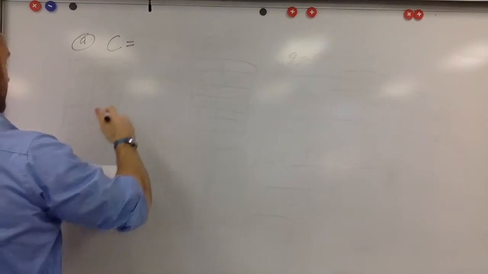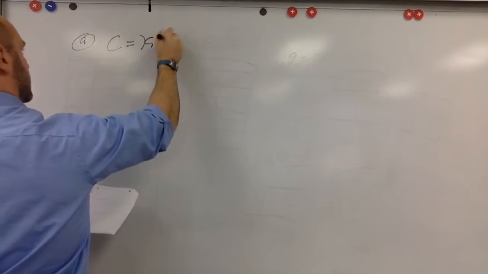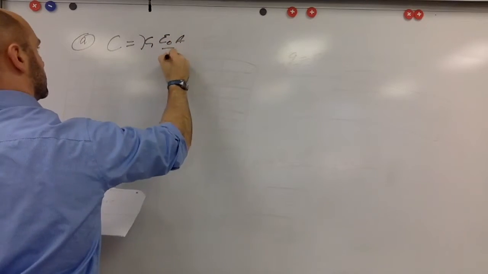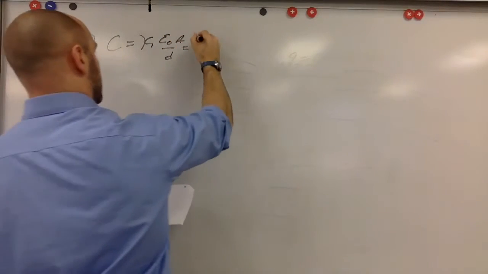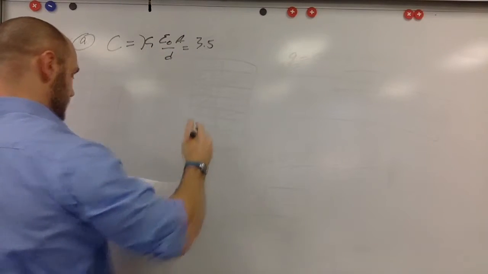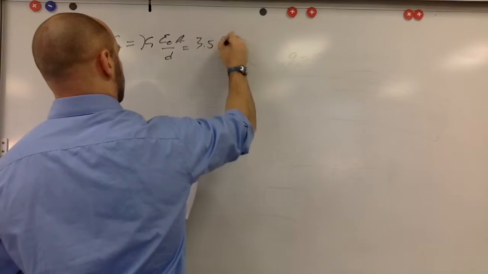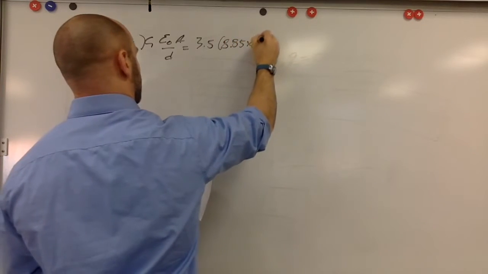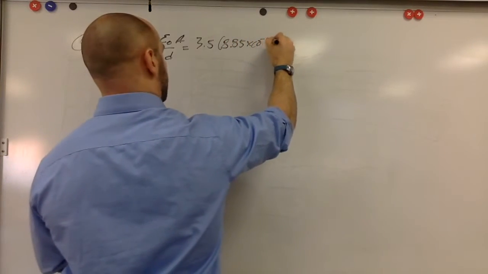Now it's filled with paper, so we can look up kappa for paper. This is going to be 3.5, the dielectric constant for paper. And then epsilon naught, 8.85 times 10 to the negative 12th.